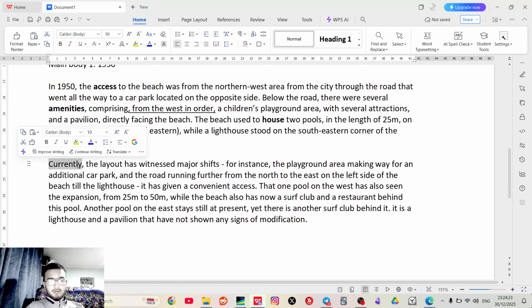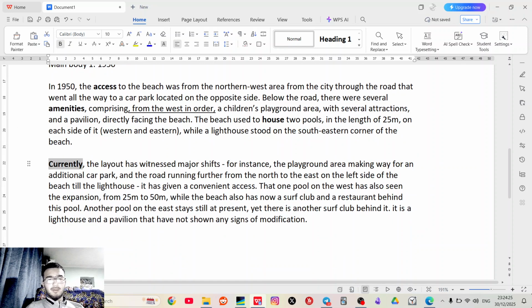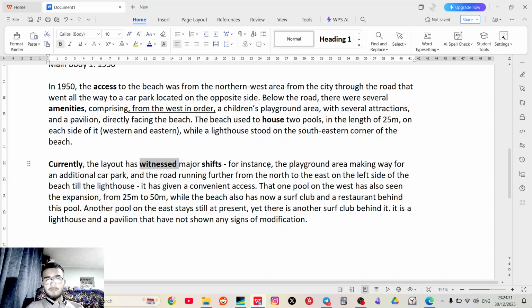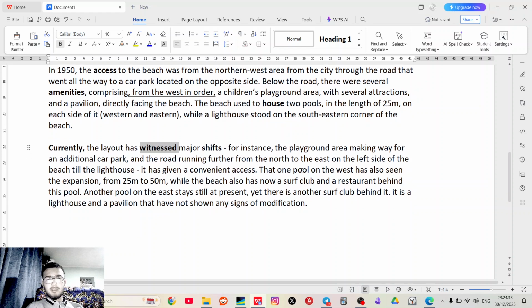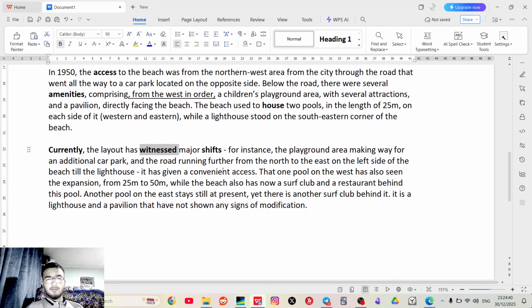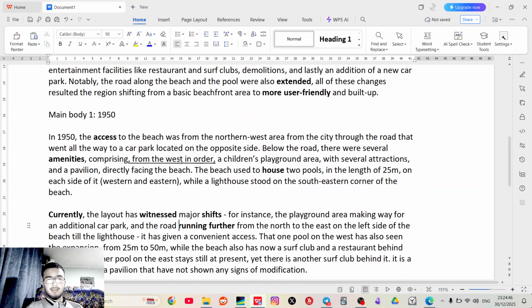So currently the layout has witnessed major shifts. For instance, the playground area making way for an additional car park. And the road running further, meaning the road had been enlarged.